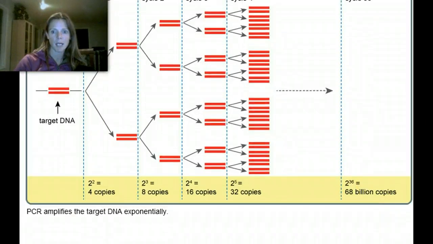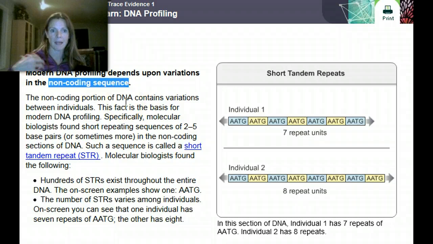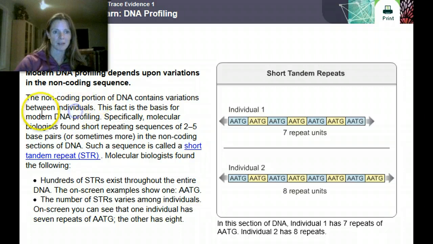All right, now, modern DNA profiling depends on variations in the non-coding sequence. That's a big deal because the way that DNA profiling happens today actually goes by the non-coding sequence. And what that means, and I'm going to read this to you guys, so let this stuff sink in: the non-coding portion of DNA contains variations between individuals. This fact is the basis for modern DNA profiling.